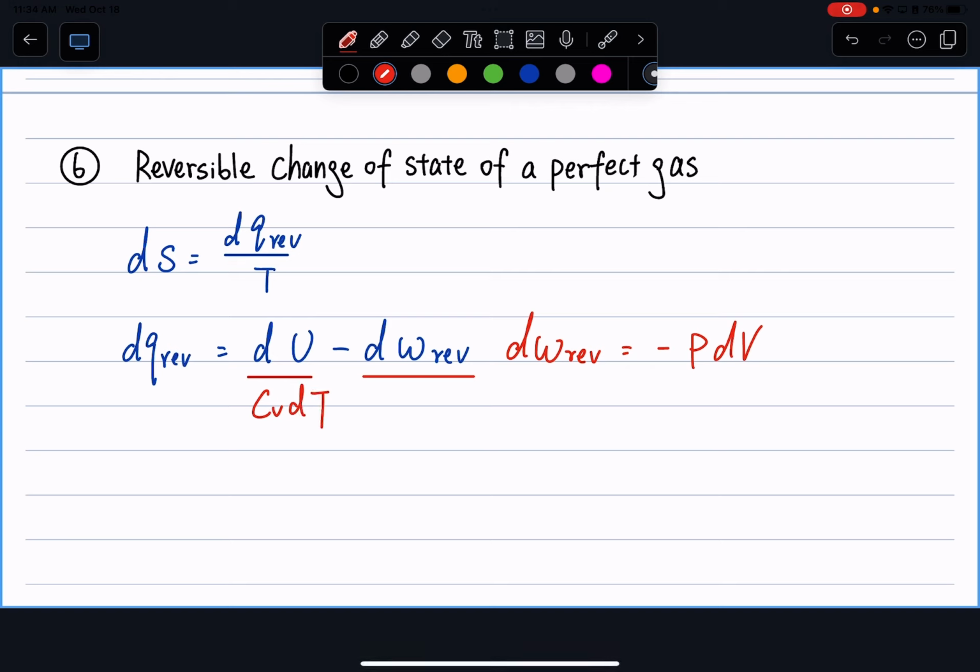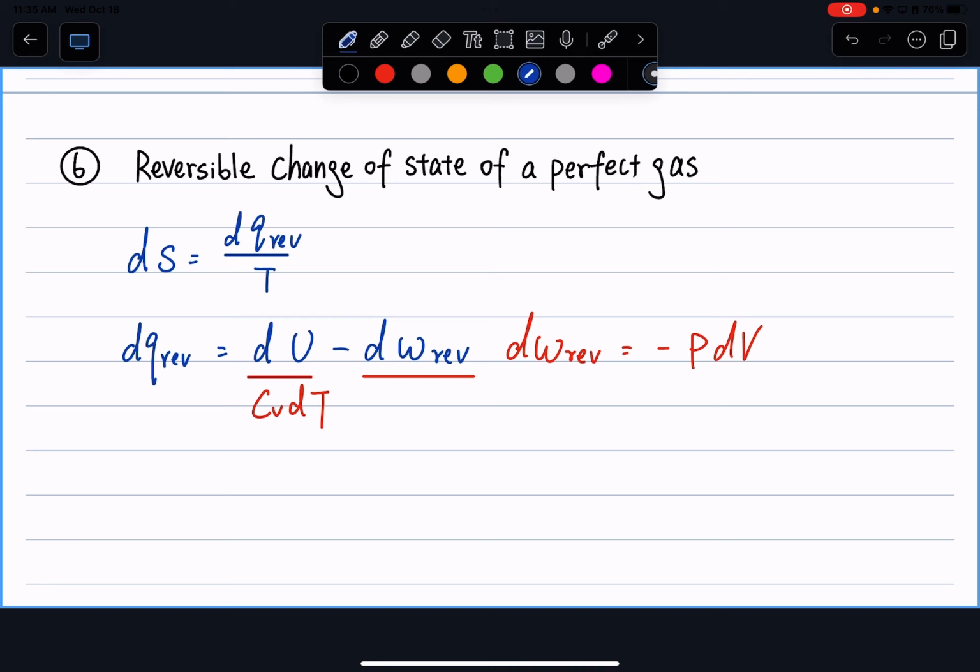Now I want to quickly clarify one thing: although we measure our heat capacity at constant volume or constant pressure for Cv and Cp, when we're using this heat capacity, we do not have to limit ourselves to say I can only use Cv at constant volume. Once you have measured Cv at constant volume, you can always use it in some other scenario.